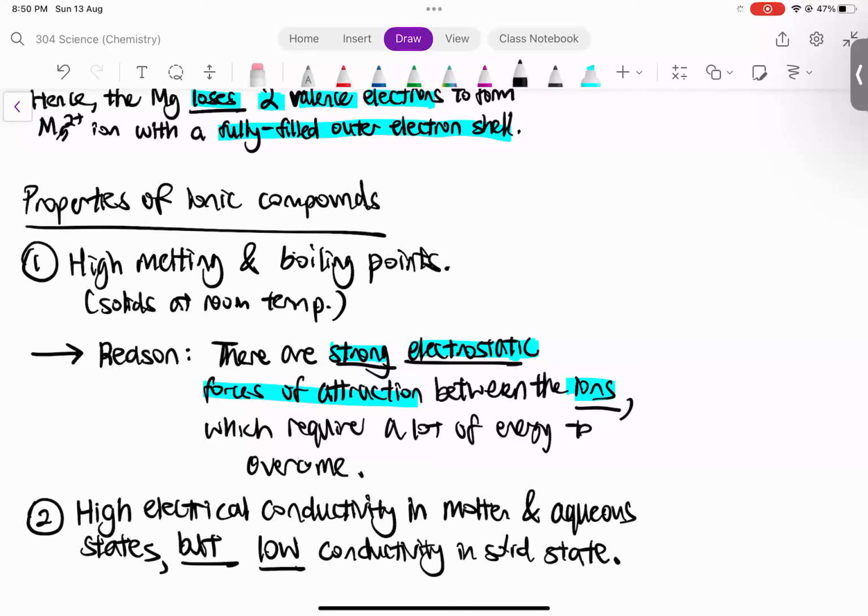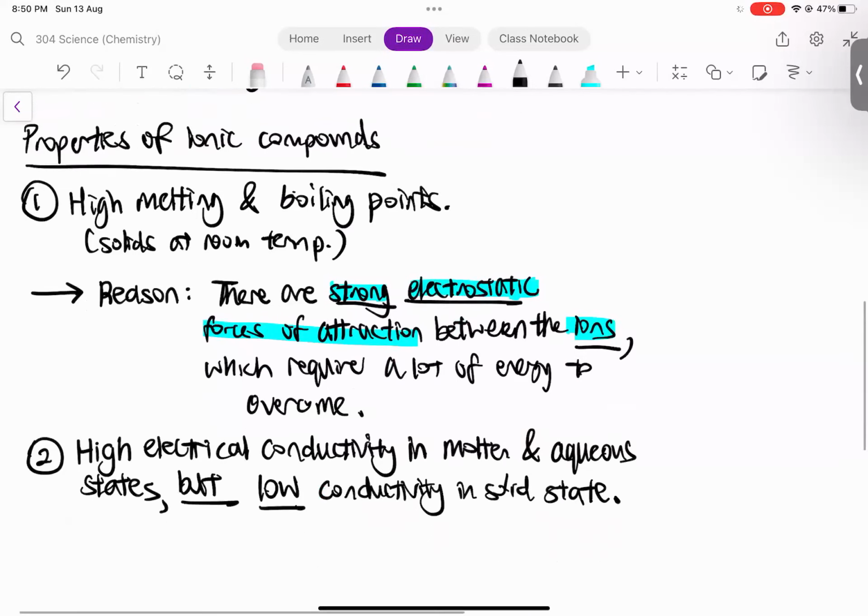So this question is about, does it conduct electricity? Ionic compounds will conduct electricity, but only in the molten and aqueous states.